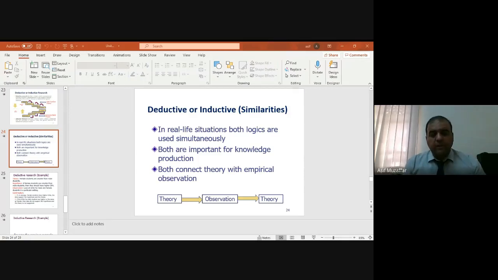For example, we drew a model in which we had some independent variables and some dependent variable. So there was an effect of the independent variables on the dependent variable.